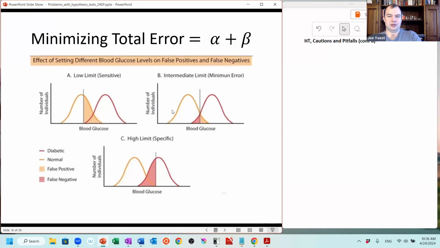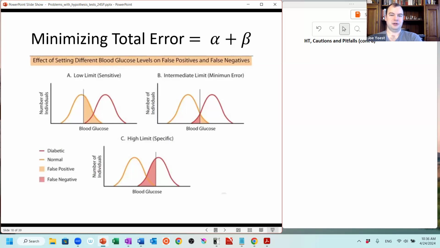So you can actually show, it's not super hard to show with a little bit of calculus, that these two errors here, under some reasonable assumptions, are minimized when we choose our cutoff at the intersection of the two curves. So, kind of an interesting little detail.